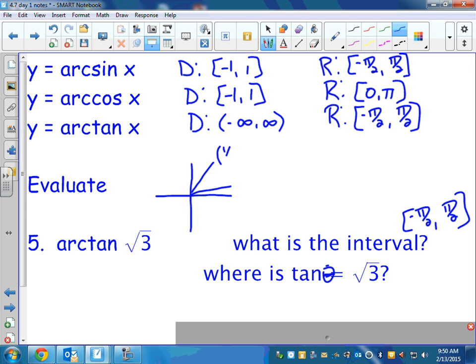Tangent is y over x. If we do pi sixth, does y over x give me the square root of 3? No, it gives me 1 over the square root of 3. So it has to be pi thirds, square root of 3 over 1. Radians. So that's it, pi thirds.